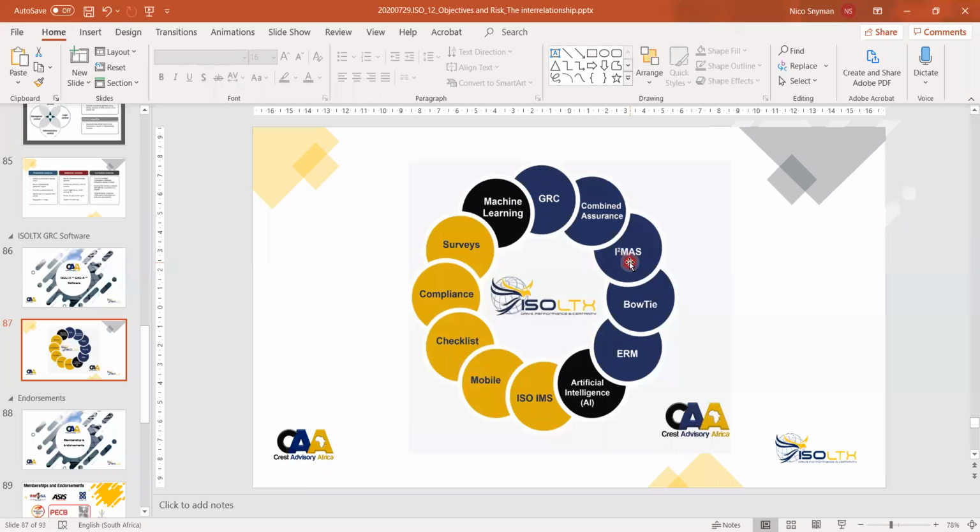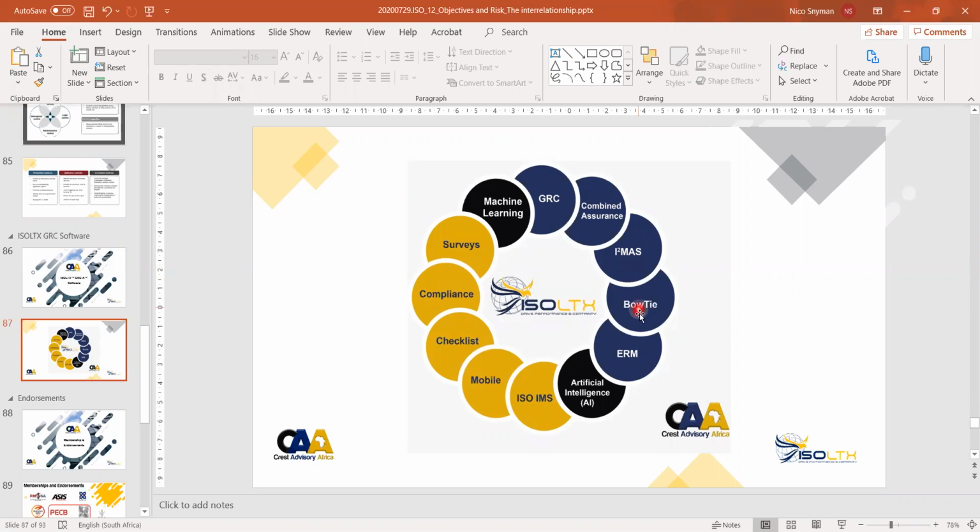We have also got a module called I square MASS. As you can see, we like the square part. I square MASS is the incident and investigation management system. That has to do with anything from quality to health and safety to business continuity, and we can allocate it specifically to those standards.